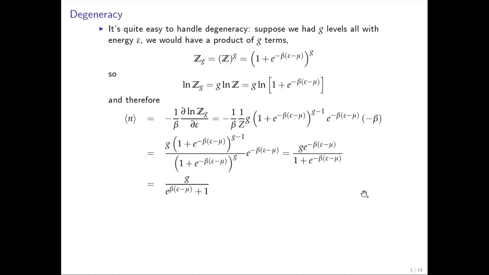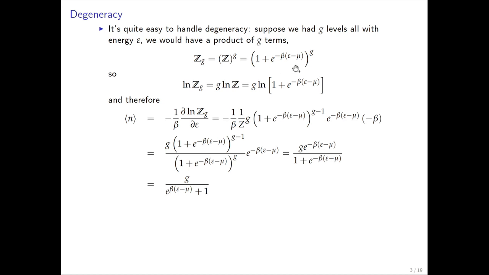Well, it's quite easy to handle the case of degeneracy. That is, suppose we had two levels of the same energy. Well, we can actually consider the case that we have G levels, some number G levels, all with the same energy epsilon. Then we'd have a product of G terms. So the grand partition function for these G levels would be just the partition function for 1 raised to the power G, as we've seen before.